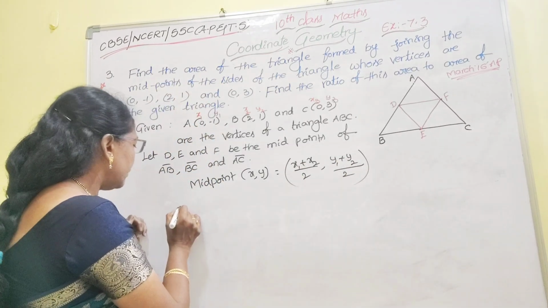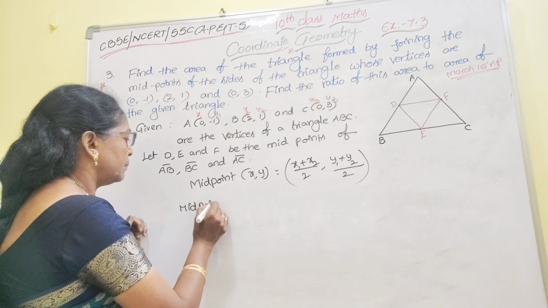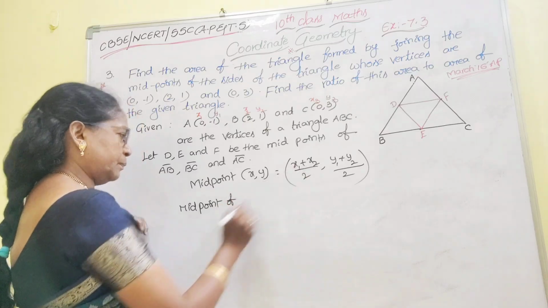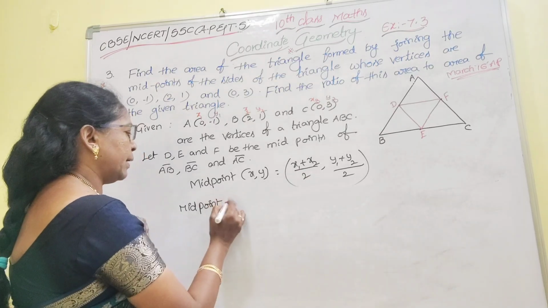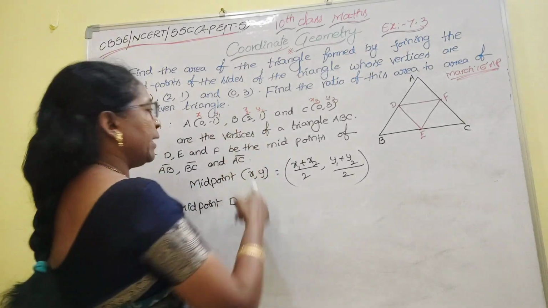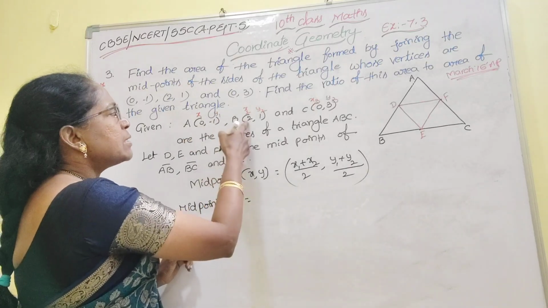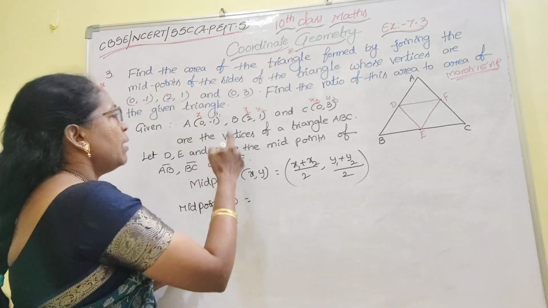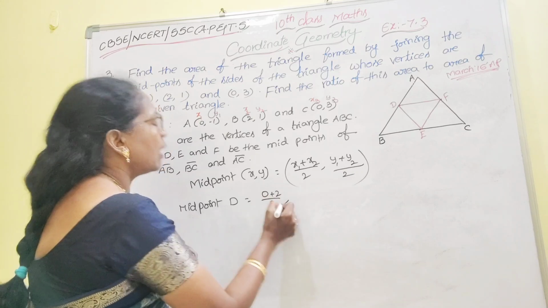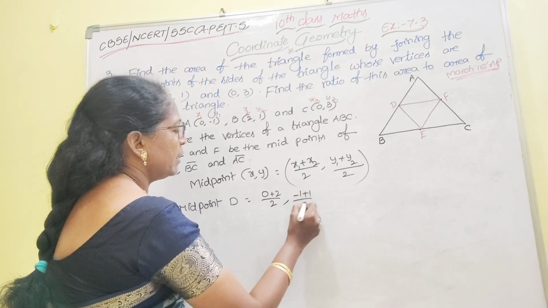Now midpoint D. ABC are here, midpoint of D is the midpoint of AB. Just you have to consider A and B values. Now x1 plus x2 means 0 plus 2 by 2 comma y1 plus y2, that is minus 1 plus 1 divided by 2.